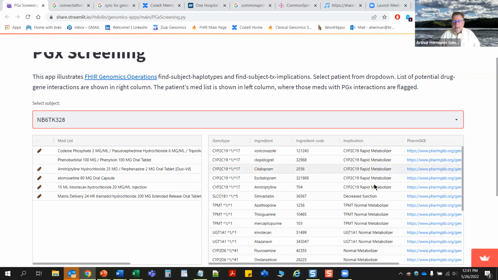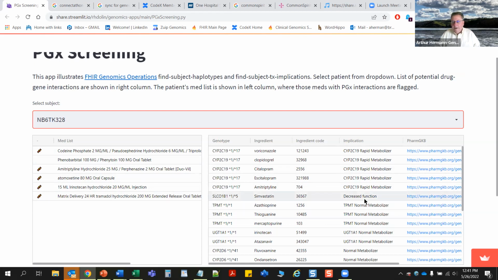And then there's actually a nice little thing they've done. This is saying, guess what? This is in this list here. That's what this little icon means, that this is being prescribed and it's in the list.